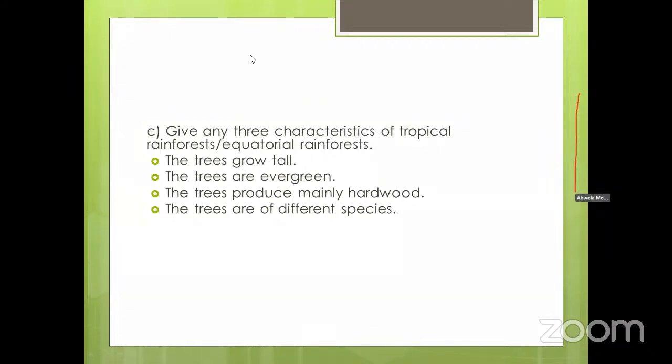The trees produce mainly hardwood. Good. Moses, read for us number 4. It is okay. That is number 3. We are going to number 4 now.